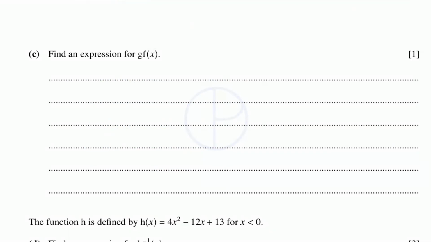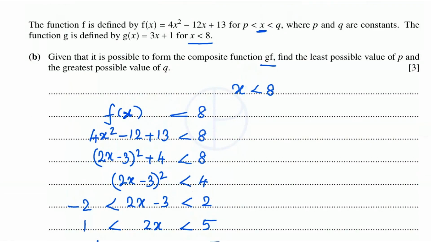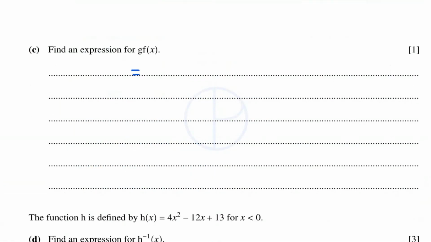The next part of the question is: find an expression for gf of x. So we have to substitute f of x in g of x. g of x is 3x plus 1. gf of x is 3, and for x we are going to substitute f of x, which is 4x squared minus 12x plus 13, plus 1.